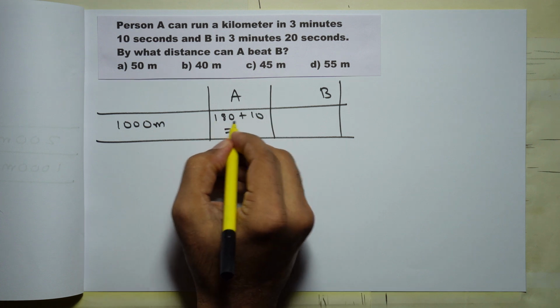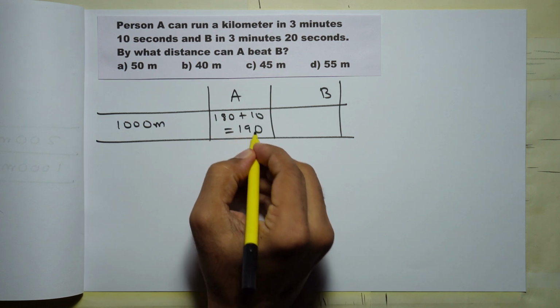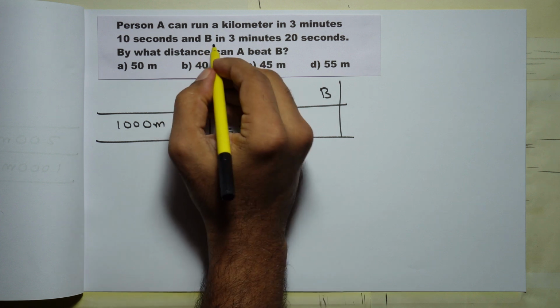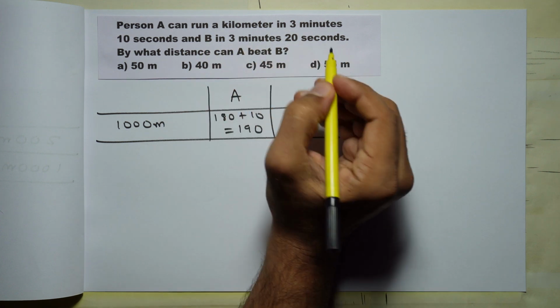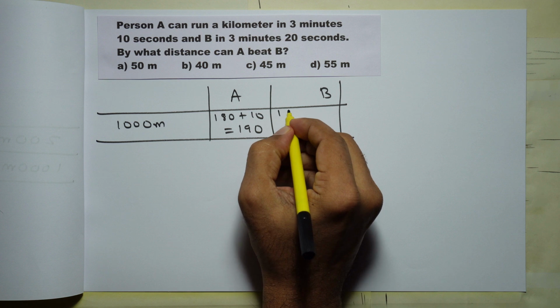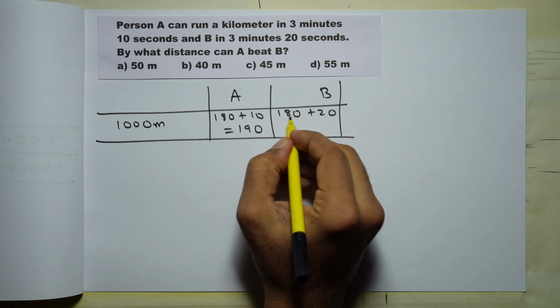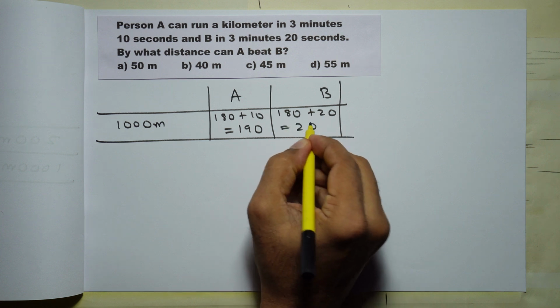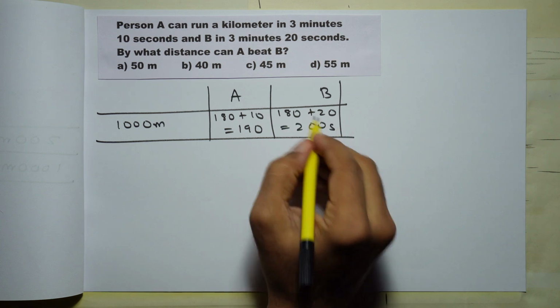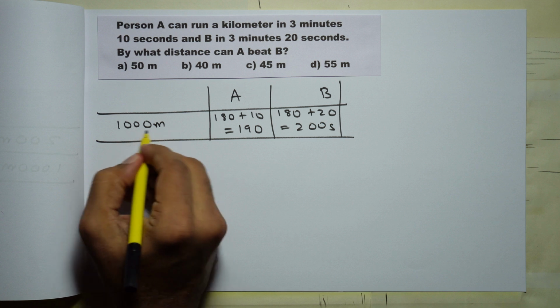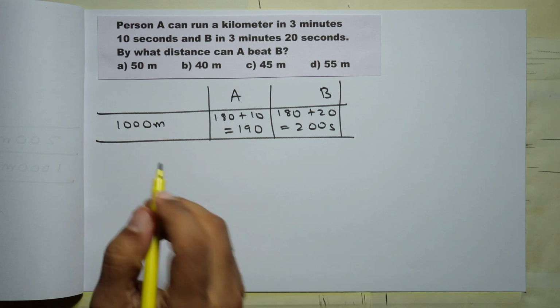So A will require 190 seconds. And B requires 3 minutes and 20 seconds. 3 minutes is 180 seconds plus another 20 seconds. So 180 plus 20, altogether 200 seconds are necessary for B to do the 1 kilometer or 1000 meters.